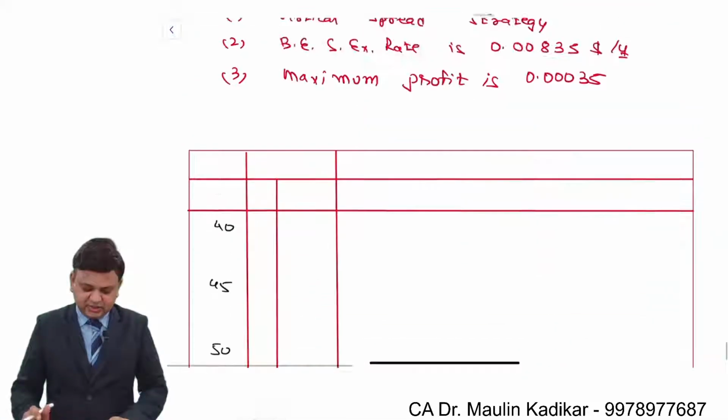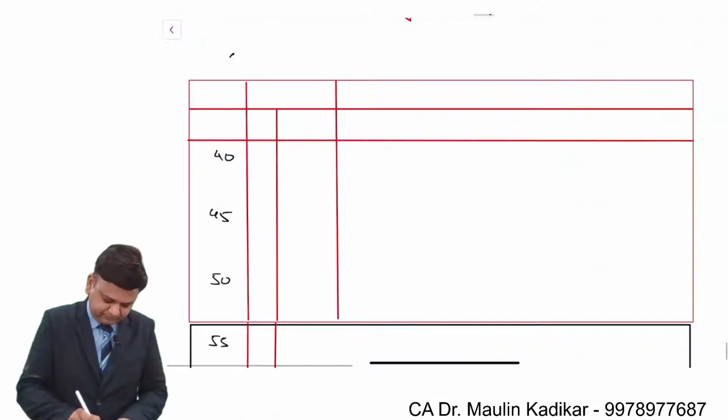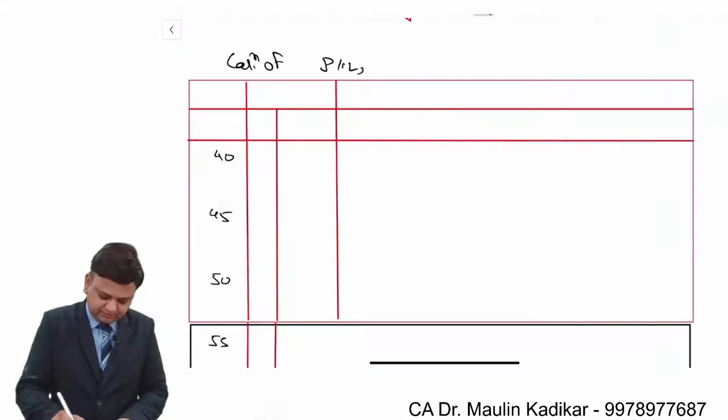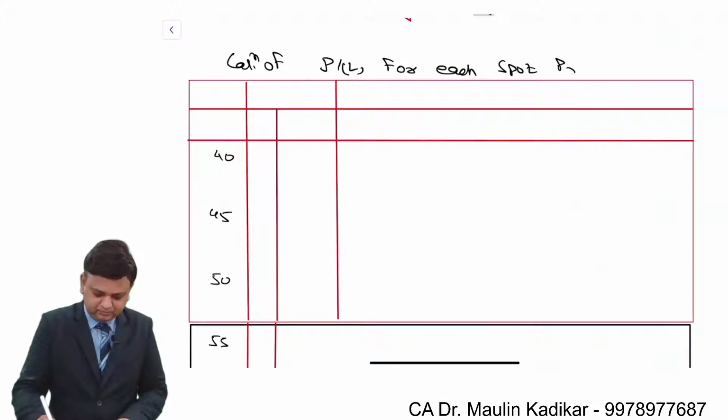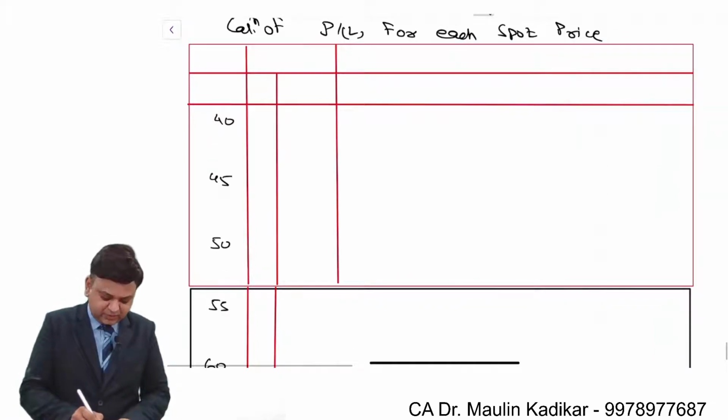So now that is a new heading, calculation of profit or loss for each spot price. In that, column number 1 is the spot price.